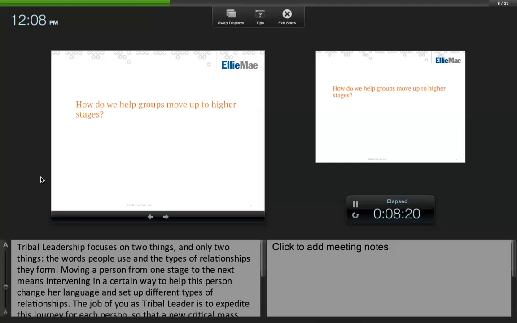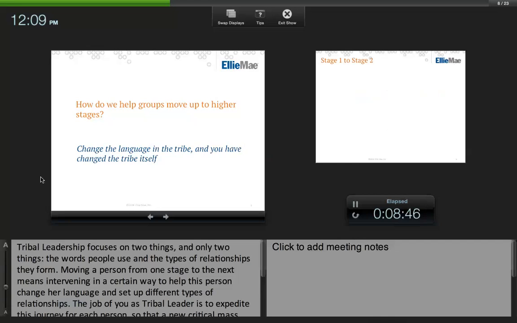So how do we help groups move up to higher stages, right? Isn't that the key question? That's really, of course, the motive behind the book. And that's why we're here. And the key is we need to change the language of the tribe. When you change the language and the team dynamics, you've changed the tribe itself.